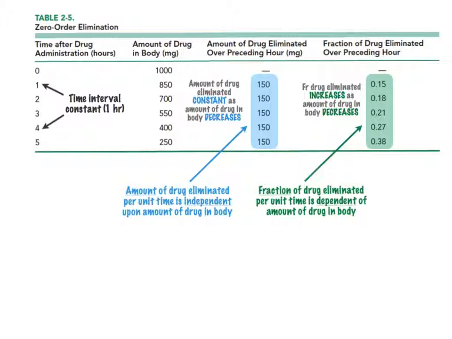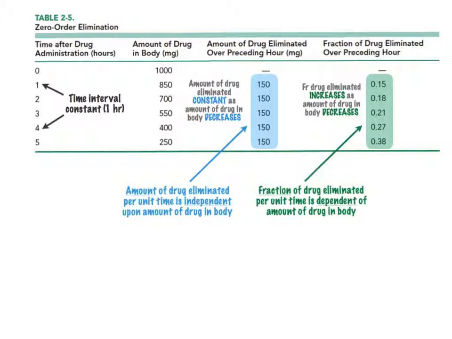So if we take a look at an example of zero-order elimination, we see in the time after drug administration column that the interval we're looking at remains constant, so we're looking at 1 hour intervals here.